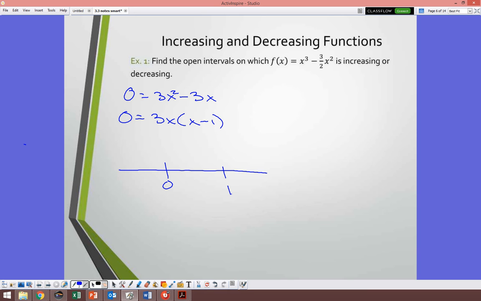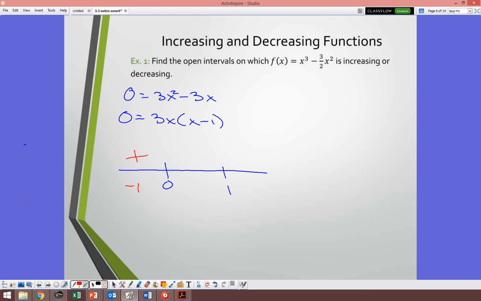So this is going to be negative 1. If I use negative 1, this is going to be negative 2, right? And isn't this going to be negative 3? Two negatives make a positive. So this whole interval is going to be positive.